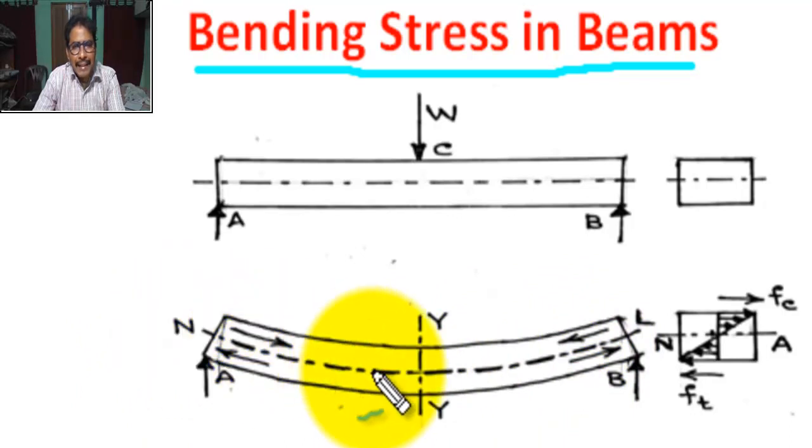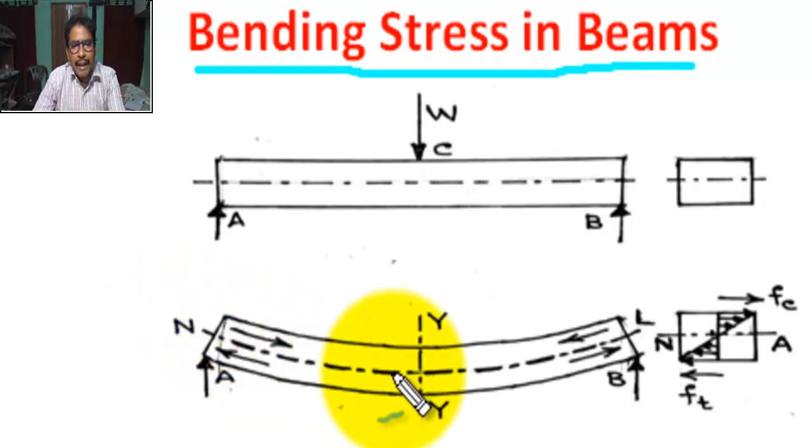At NL, strain is 0 during bending. This NL layer neither elongates nor is compressed due to bending of the beam.